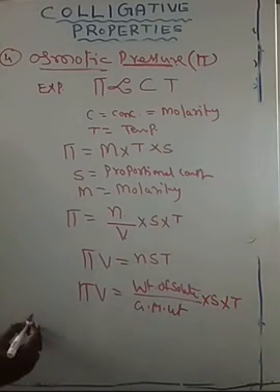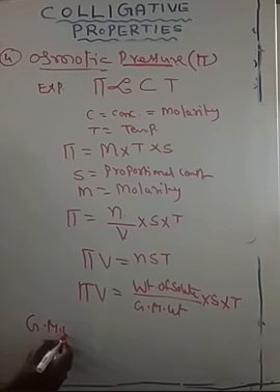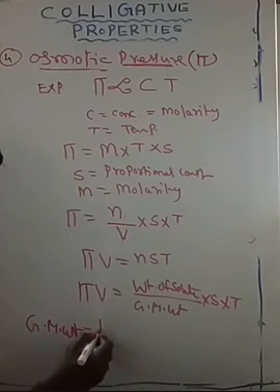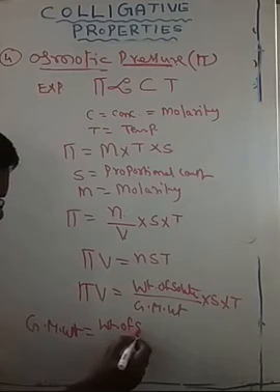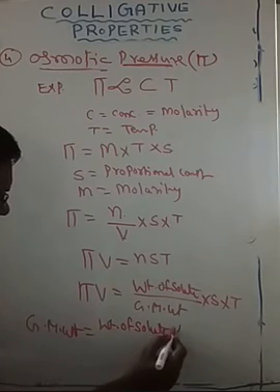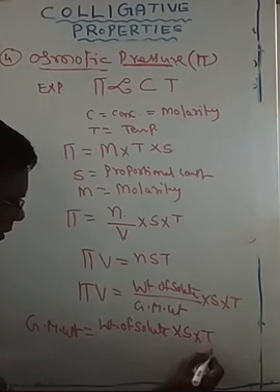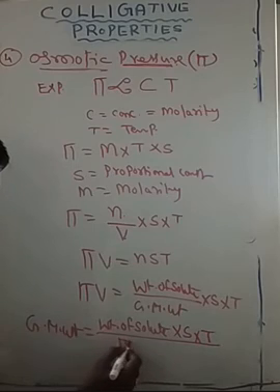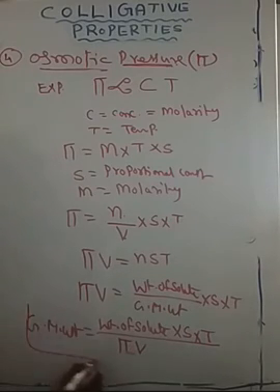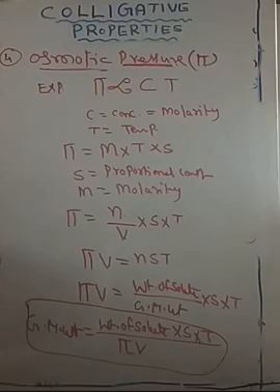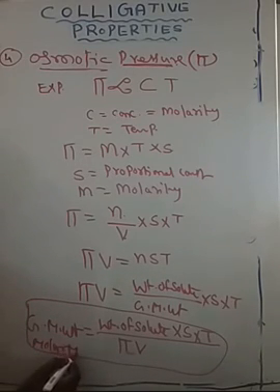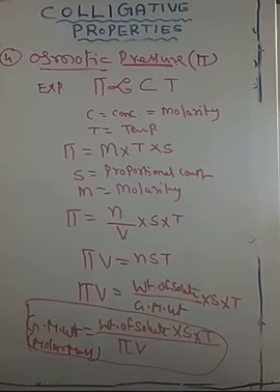Therefore, by using this formula, the gram molecular weight is equal to the weight of solute times S times T divided by pi V. This is used for the calculation of the gram molecular weight or molar mass of the solute in dilute solutions.